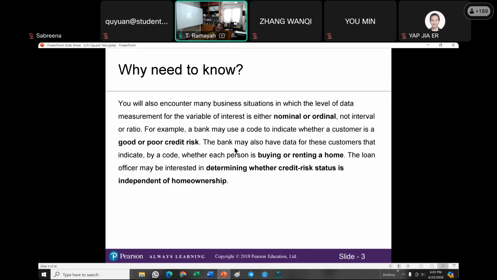And then they want to see whether the person will buy or rent a house. So we have good and poor credit risk, then we have buying or renting a home. Why they want to know this is they want to see the credit risk status of the house owner. When we do this, we call it a 2x2 table.